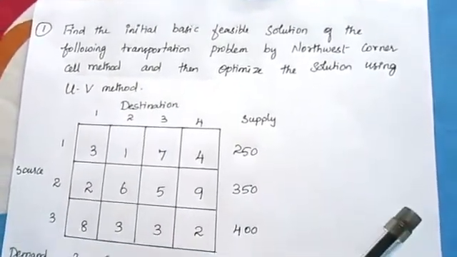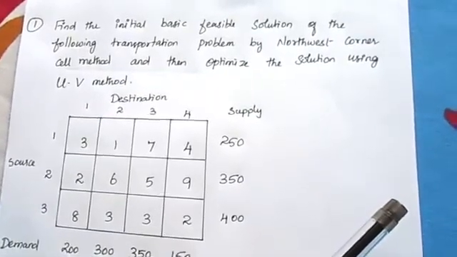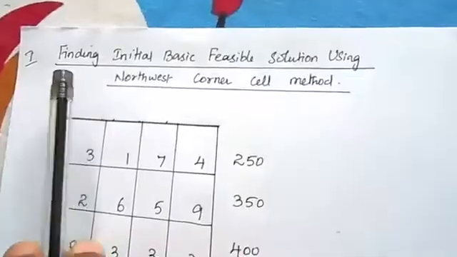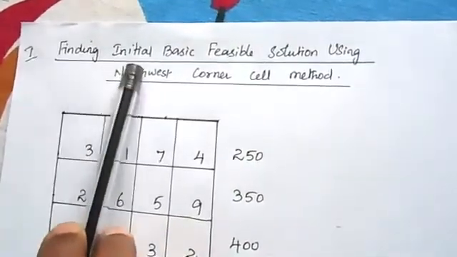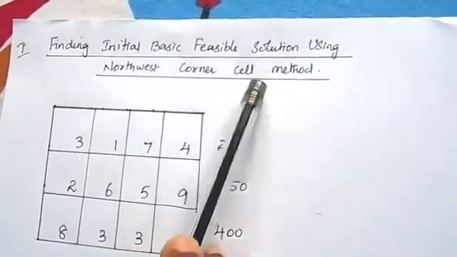So here I am going to use two phases. The first phase is finding the feasible solution, and the second is using the UV method to optimize the solution. The first step is finding the initial basic feasible solution using the northwest corner cell method.